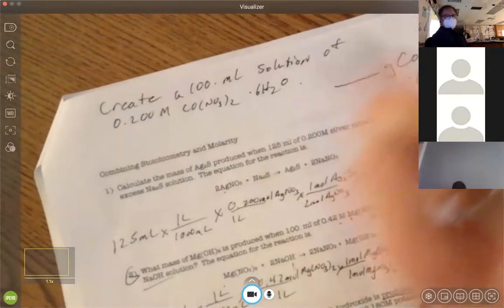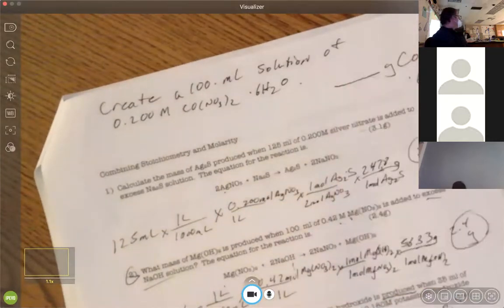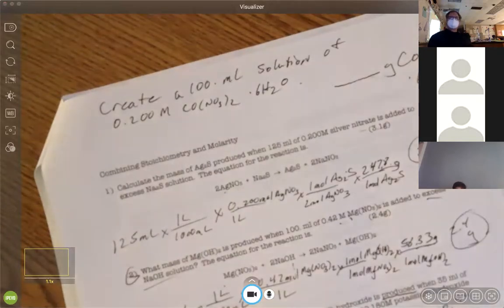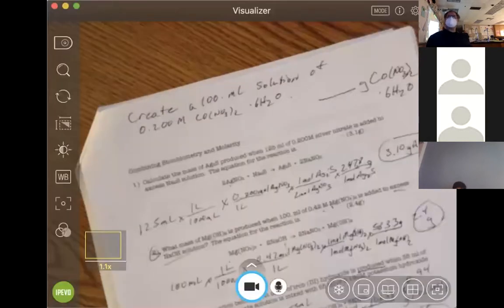So what is the mass that we all agree upon? People from home? You guys want to type it into the chat all at the same time? Go. Is it like 5.8214 grams?